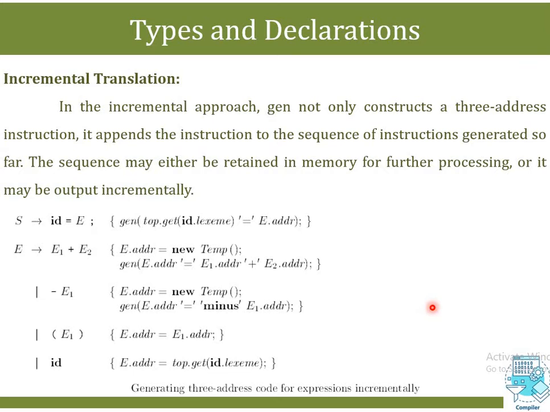Only thing is that here we are not using the code attribute. Instead, we will be generating the code sequentially instead of explicitly storing it in some location and using it for future purposes. Hope it is clear for you.